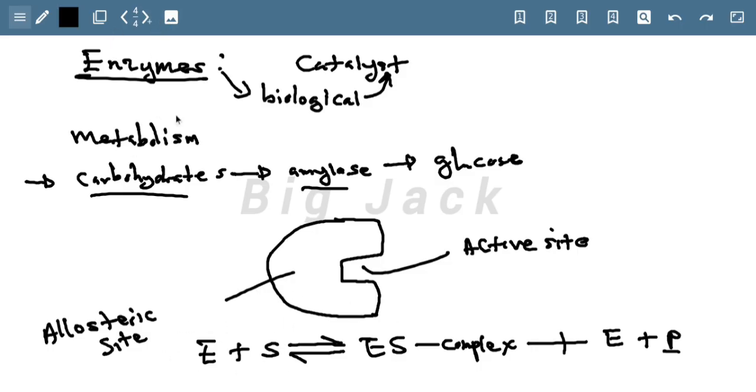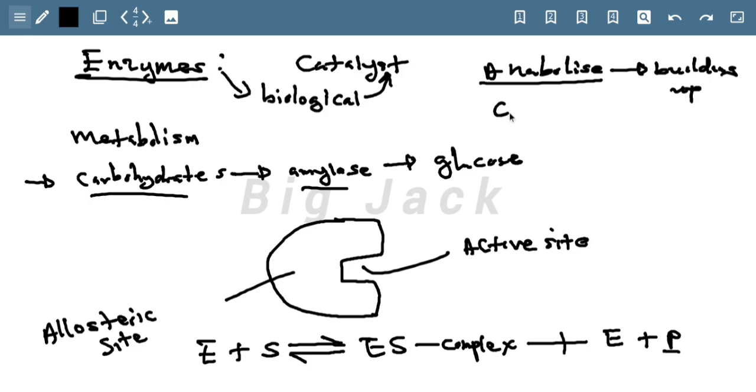So meaning to say that when it comes to metabolism, they can anabolize. When it comes to anabolism, you are building up. That is anabolism. They can also catabolize. When you talk of catabolism, you are breaking down.